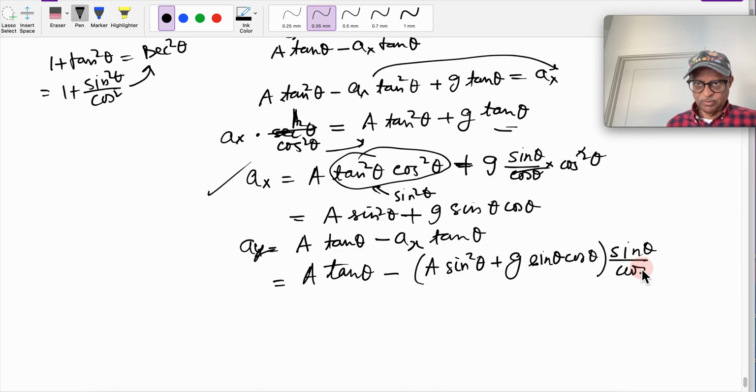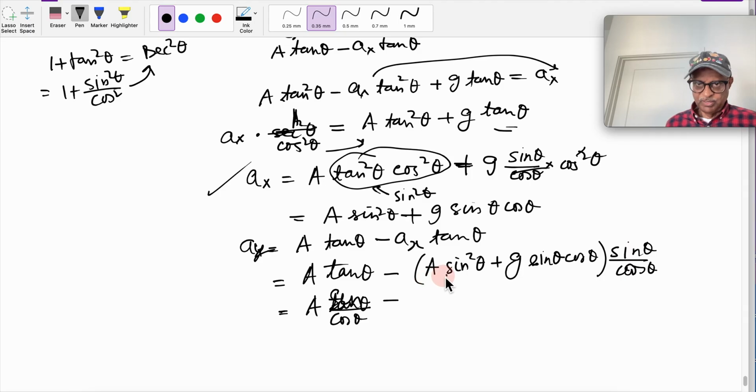So I've got A tangent theta. When you bring this with that, this is sine theta over cosine theta.